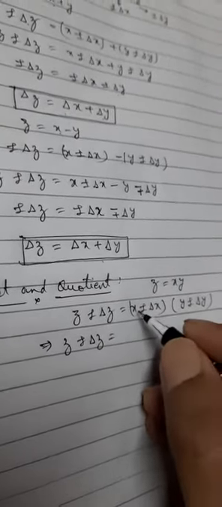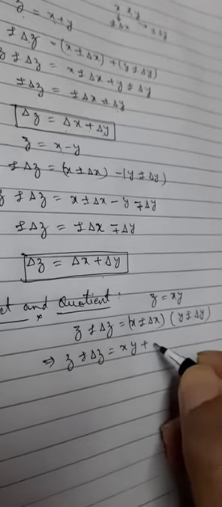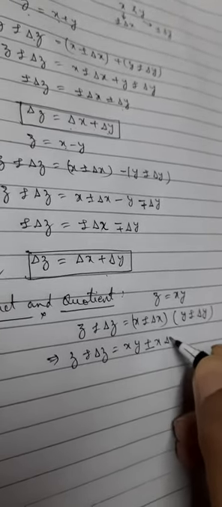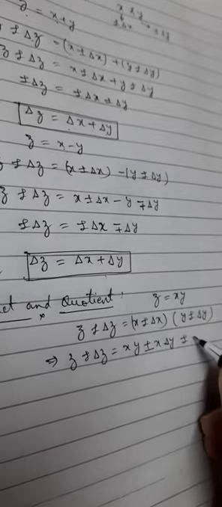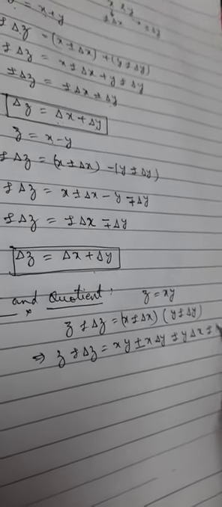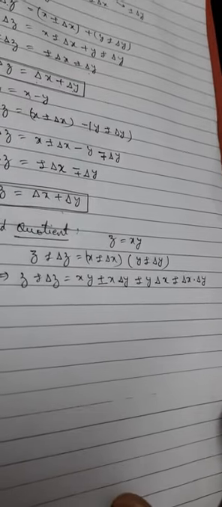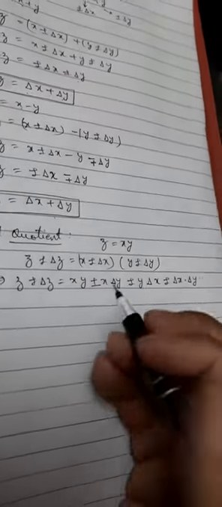When I open this bracket, it is xy plus minus x delta y plus minus y delta x plus minus delta x into delta y. Clear?